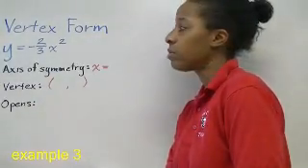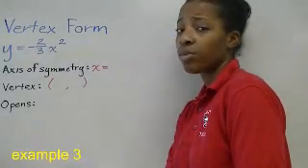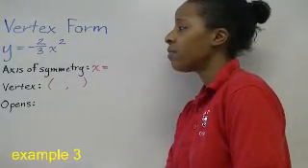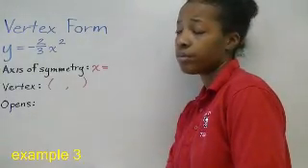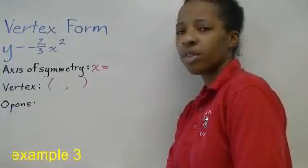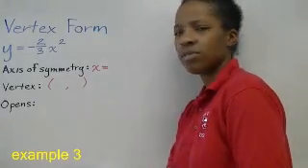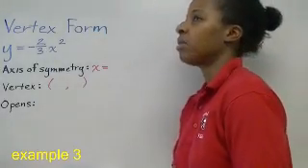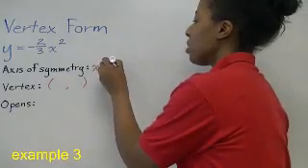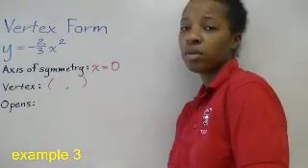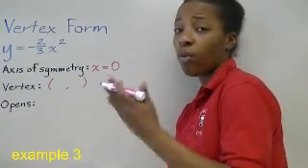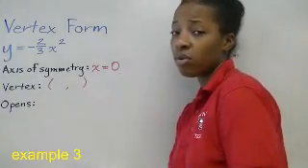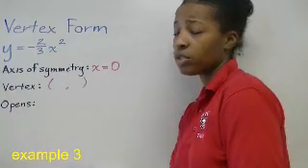Here's another function. Uh-oh, looks like we lost our parentheses on this one. The function reads y equals negative 2/3 x squared. So if we don't have the parentheses, what will be the axis of symmetry? That's easy. It's going to be 0. That means this graph is right on the y-axis in the middle of your coordinate grid, right at the origin.